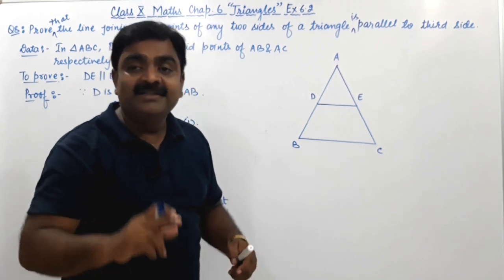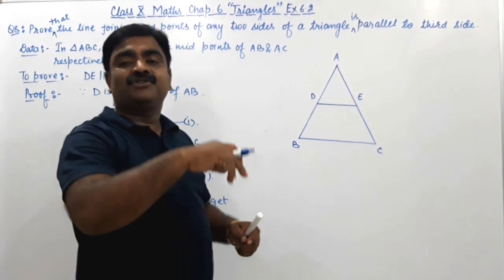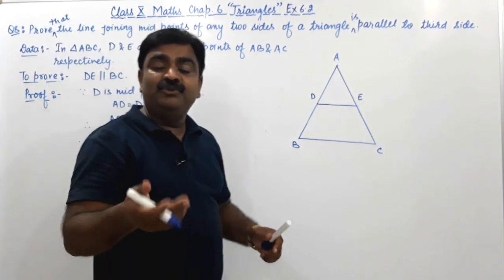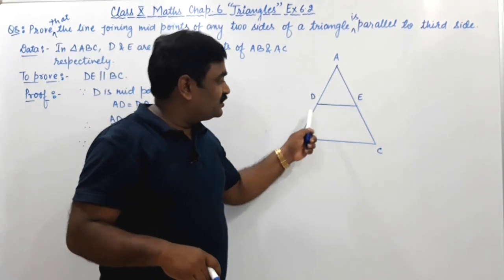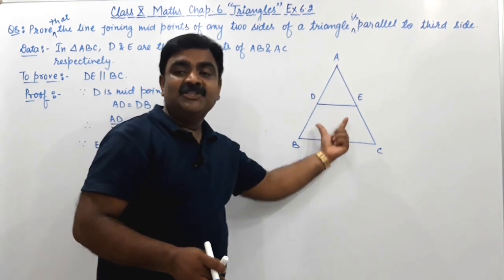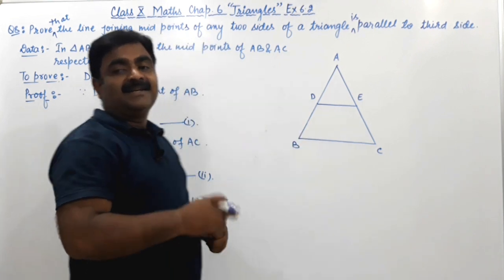Theorem 6.2, which is the converse of theorem 6.1. So this theorem 6.2 tells that if these sides are in the same ratio, then this side DE is parallel to BC. Understood?